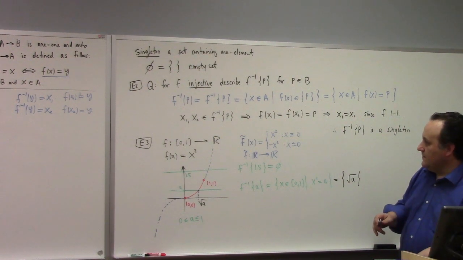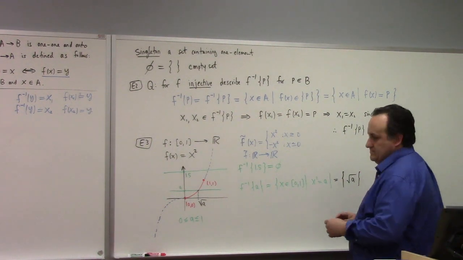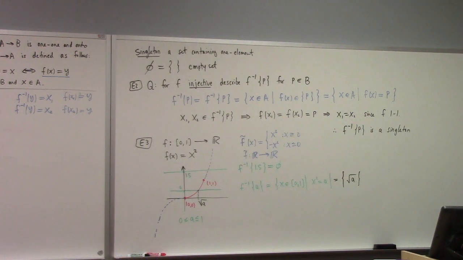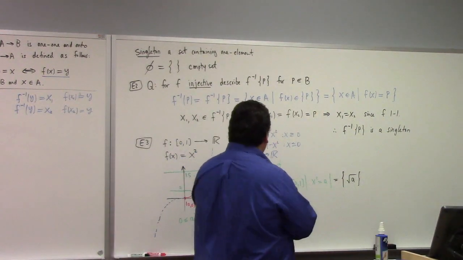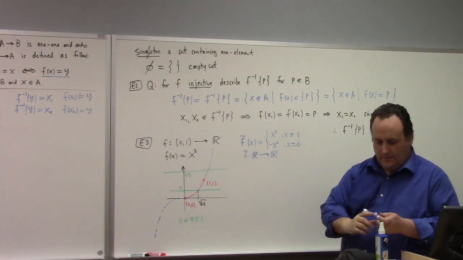Neat. I like it. If you do that, what's the inverse function? Well, above 0 it's the square root of x, and below 0 it's negative square root of x.